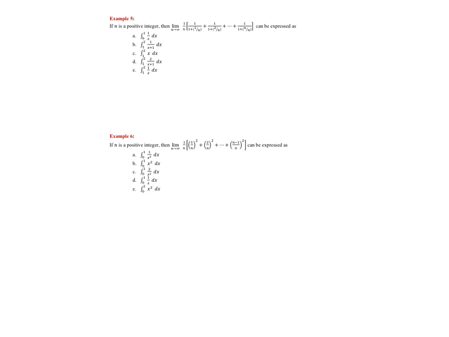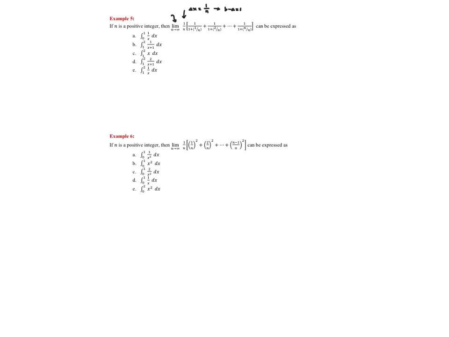Okay, let's look at example 5 and 6 on this page. You can see that we've got a Riemann sum here. And we've got the limit as n goes to infinity of 1 over n, which is going to be delta x. So if delta x is 1 over n, then that tells me that b minus a is equal to 1.